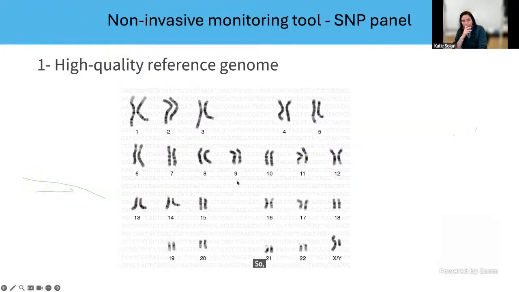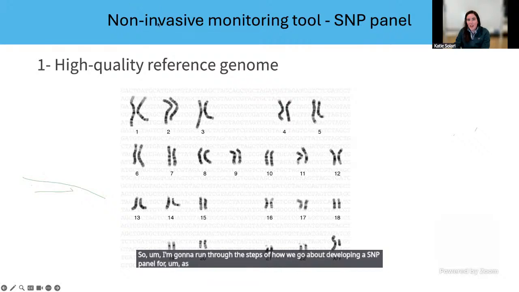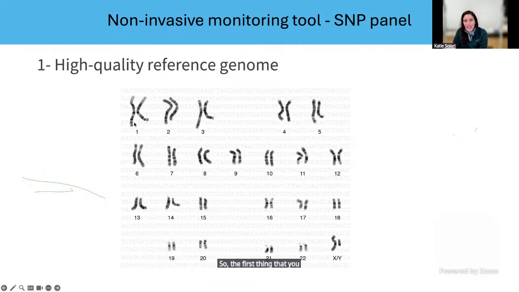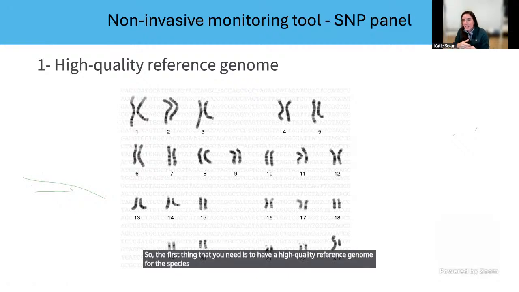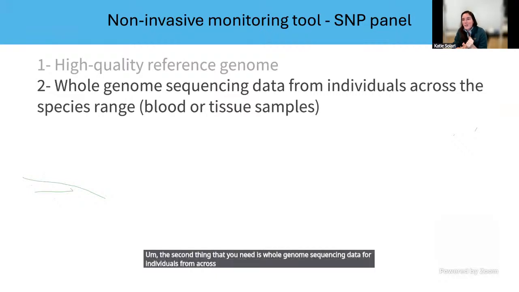I'm going to run through the steps of how we go about developing a SNP panel as our non-invasive monitoring tool. The first thing that you need is a high quality reference genome for the species of interest. In this case, that would be a snow leopard. The second thing that you need is whole genome sequencing data for individuals from across the species range.